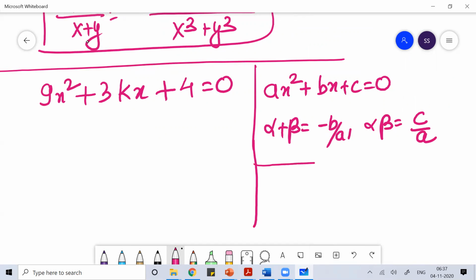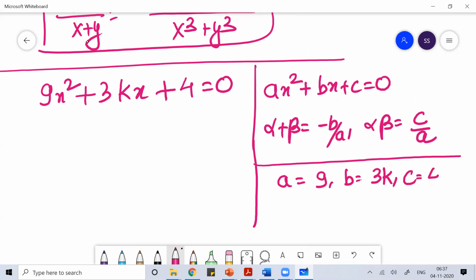When the roots are equal, the graph will touch the x-axis only at one point, and that x value is minus b by 2a. Here the value of a is 9, b is equal to 3k, and c is equal to 4.